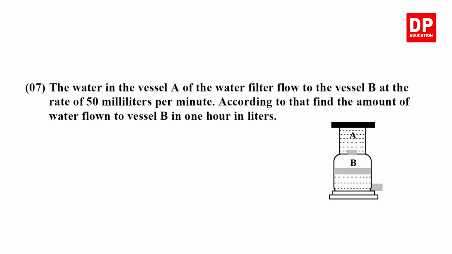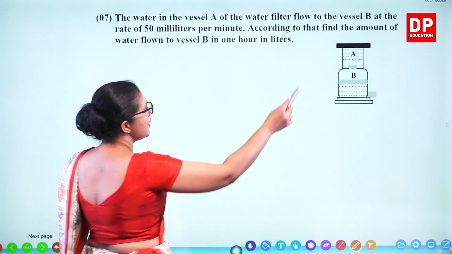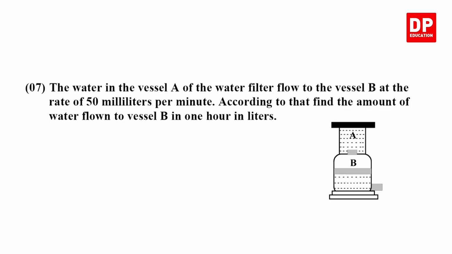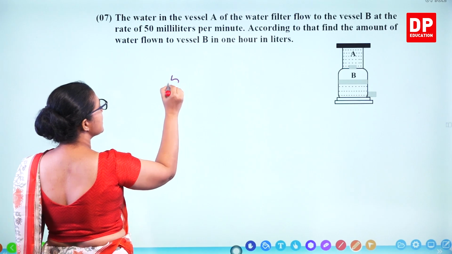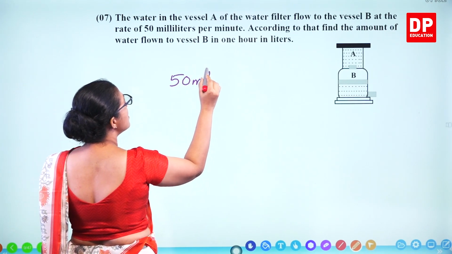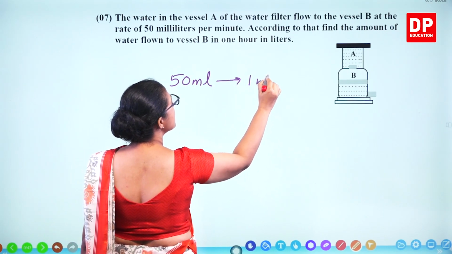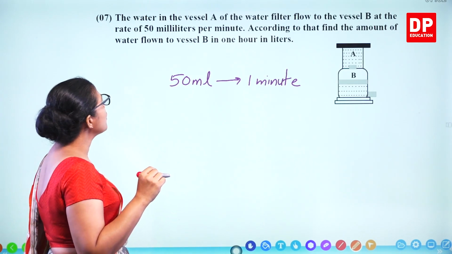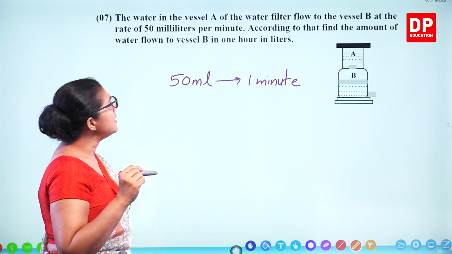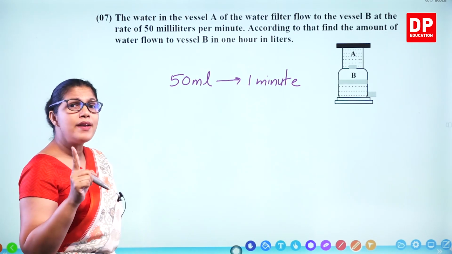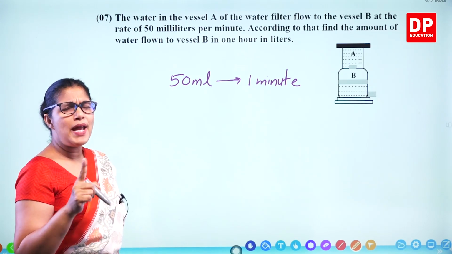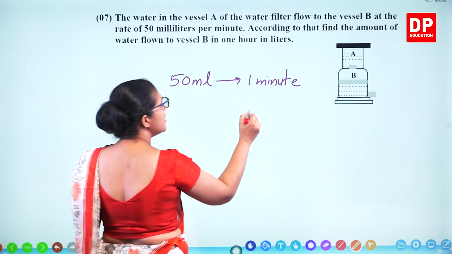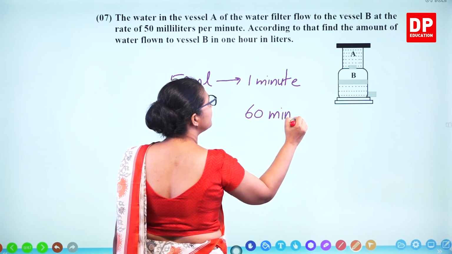Question number 7. The water in the vessel A of the water filler flows to the vessel B from here to here at the rate of 50 milliliters per 1 minute. According to that, find the amount of water flown to vessel B in 1 hour. So how many minutes for 1 hour? 60 minutes we need.